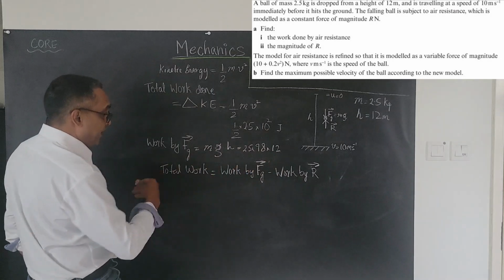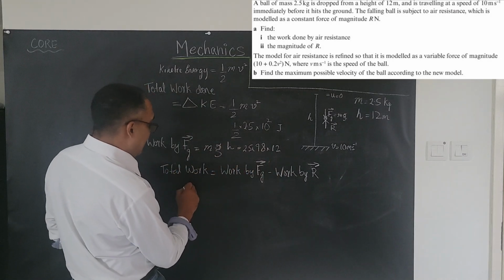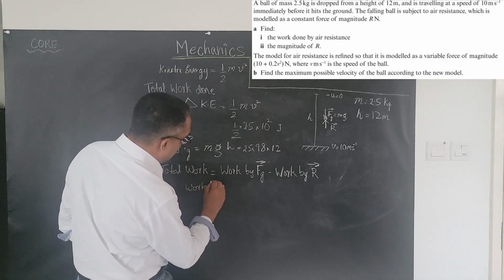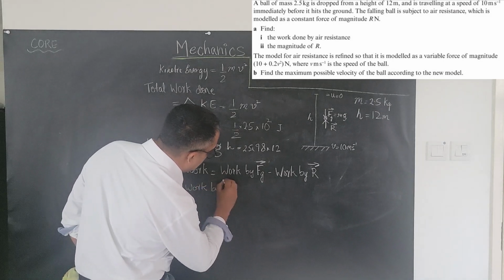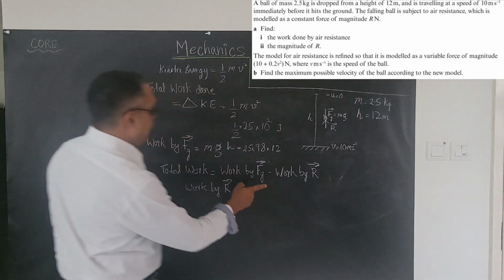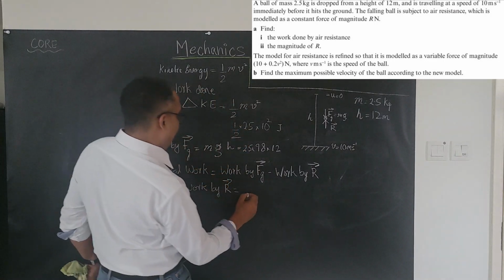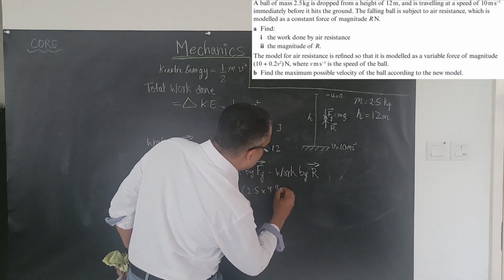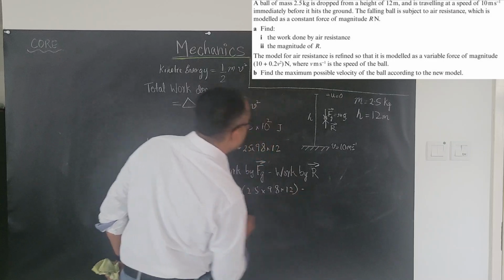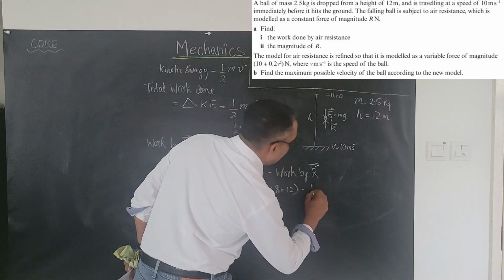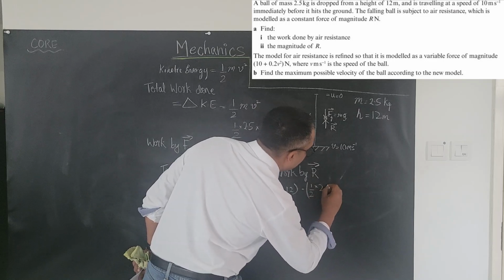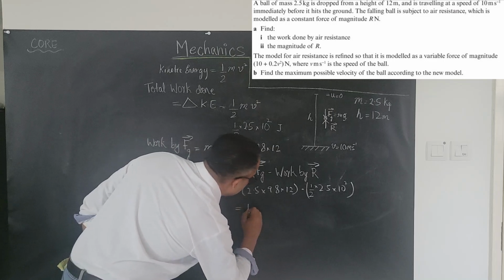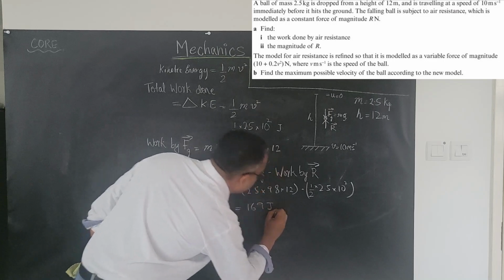So now if I flip this around, I'd say work by R equals 2.5 times 9.8 times 12 minus 1/2 times 2.5 times 10 squared. Do the math, you should get 169 joules.